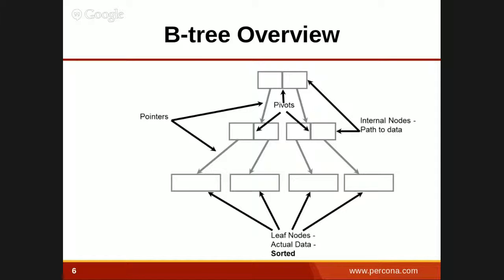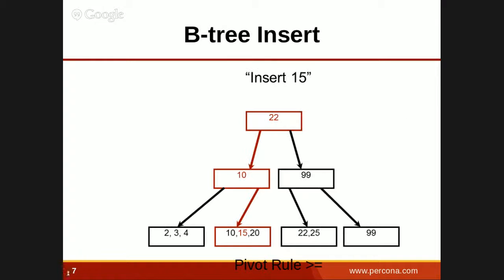For example, the pivot may have a value 5, which says everything less than 5 should go here, and everything more than 5 should go there. Then we also have leaf nodes, which contain the actual data, sorted in those nodes. If you have to look up data in a given page, we can typically do a binary search, but sometimes we have to scan the whole page.